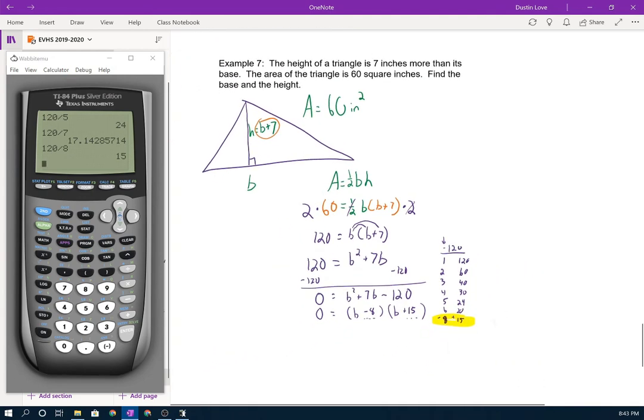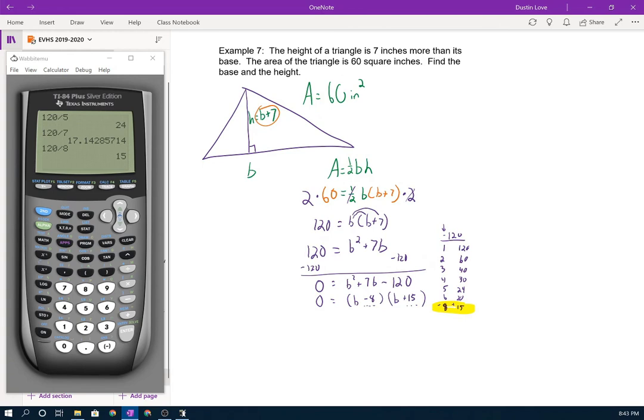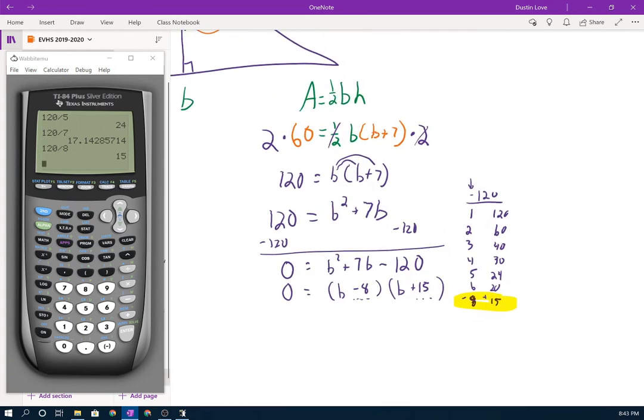All right, now I'm going to split that apart into two different equations, b minus 8 equals 0 and b plus 15 equals 0. You're allowed to do that only when two things are multiplied together to get a product of 0. Now we're going to solve: b equals 8 and b equals negative 15.